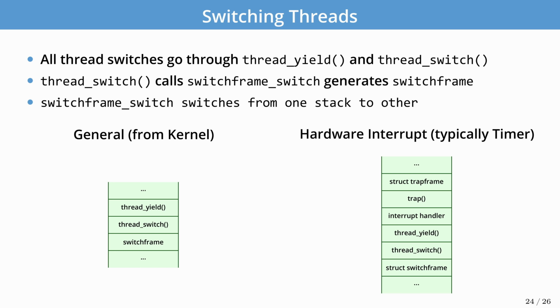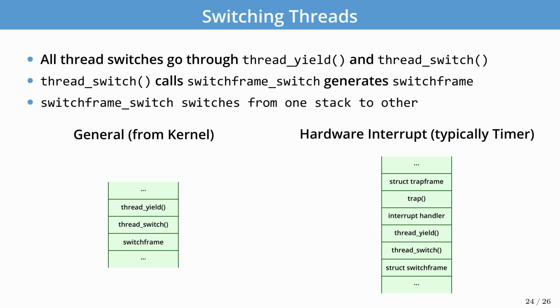So the two ways that we can switch between threads in OS 161 is that we could call thread yield. Internally, the kernel calls thread yield for various reasons to allow another thread to run, which directly calls thread switch, that chooses a thread to run, and then switchframe switch that actually does the swapping from one thread to the other.